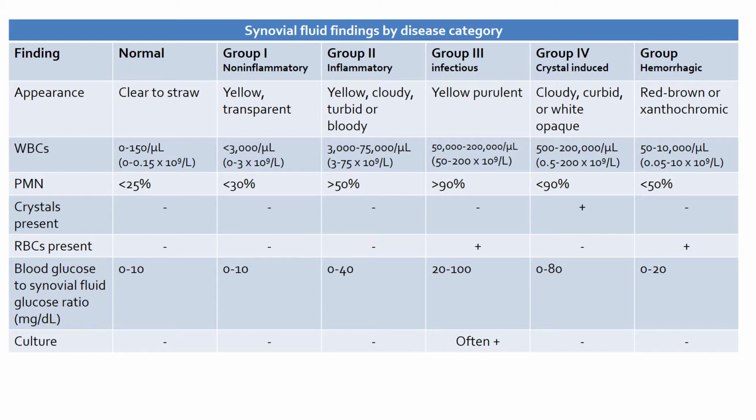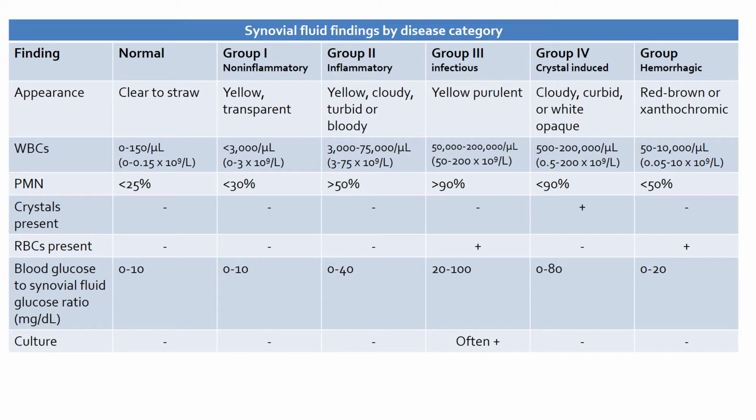You have your normal appearance, which is clear to straw colored, but clear is the key thing, and a synovial fluid should not be cloudy. The color will be a tannish yellow to a straw color. It does have a certain number of white cells that should be present, and when we look at those, we always do a differential.